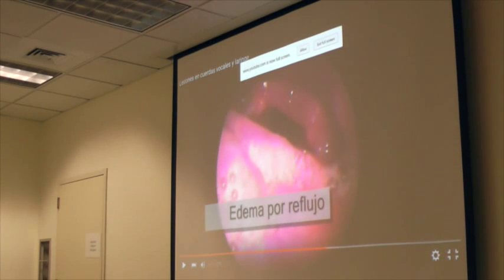Edema is edema, right? Yes. All right, so you can see the swelling. Reflux. Oh, from reflux. So somebody has a lot of regurgitation from their stomach, and that regurgitation is causing irritation of the larynx.